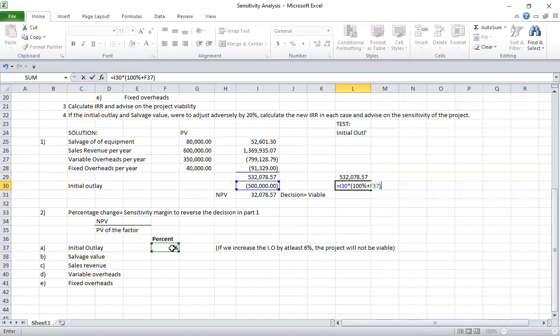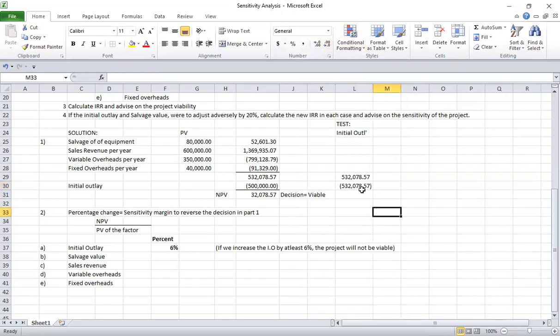I am doing that because this 6% could not necessarily be 6%. It could be maybe 5.9%, which Excel rounds off to 6. To ensure that you pick the right percentage, I'll say 100% plus this, more or less like times 106%. That gives us this figure.